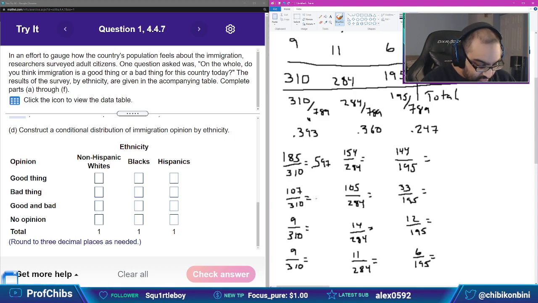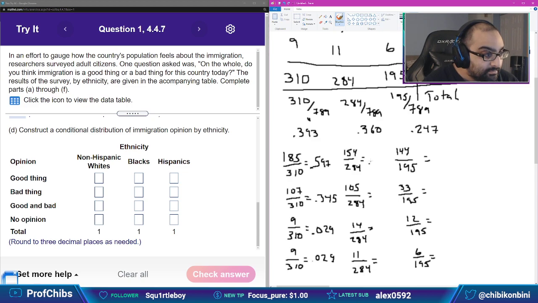Alright, 107 out of 310 is 0.345. Okay, 9 out of 310, that'll be applicable to both, so 0.029, because they're both 9. Next is going to be 154 over 284.